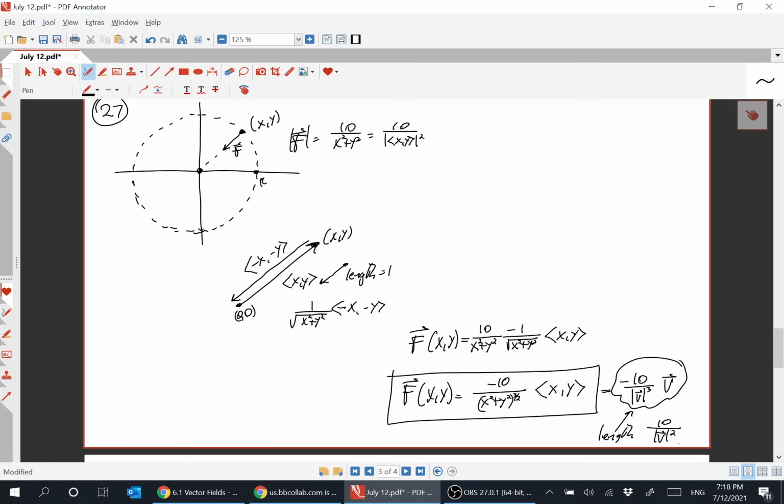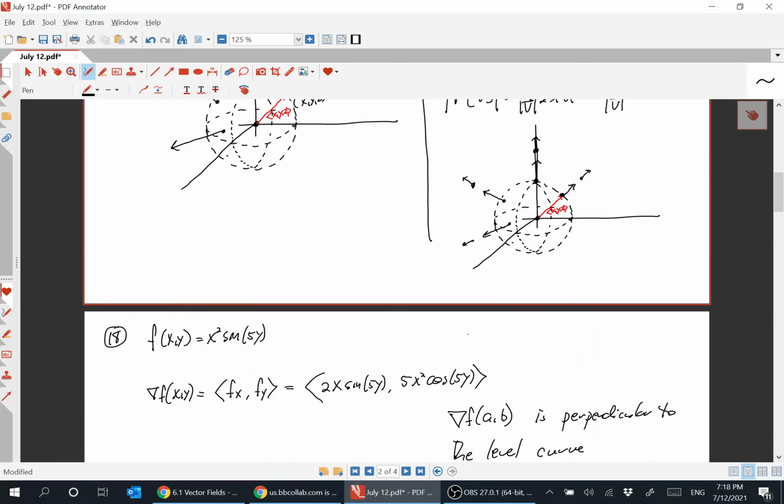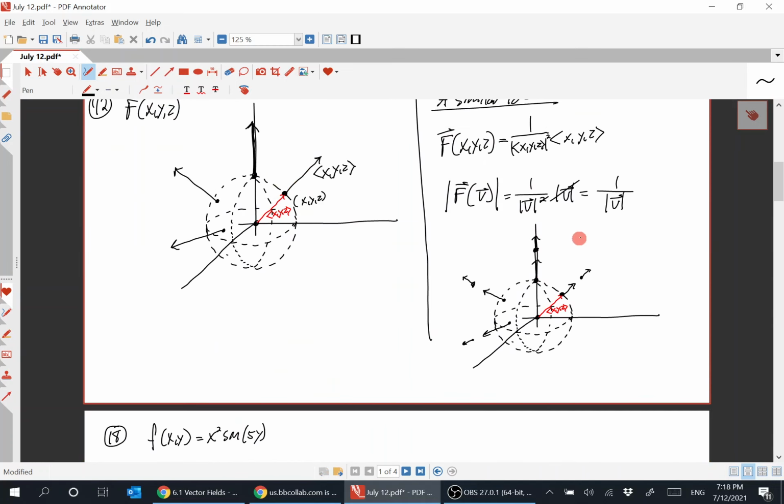And actually, it's not just gravitational attraction, but this type of vector field that points outward from the origin but decays the further out you go. When you're talking about the concussive force of an explosion from a given point, that concussive force decays the further out you go.